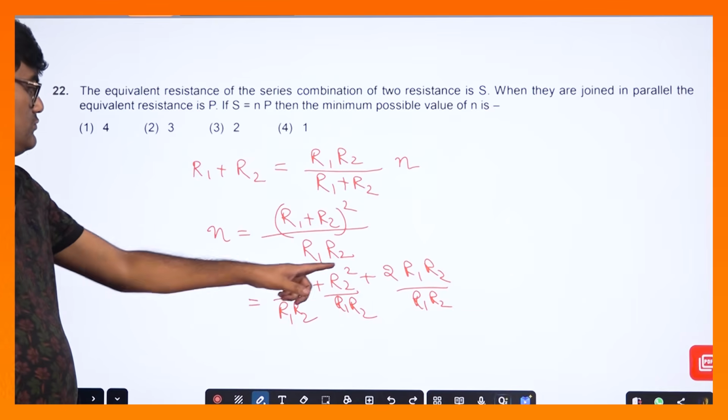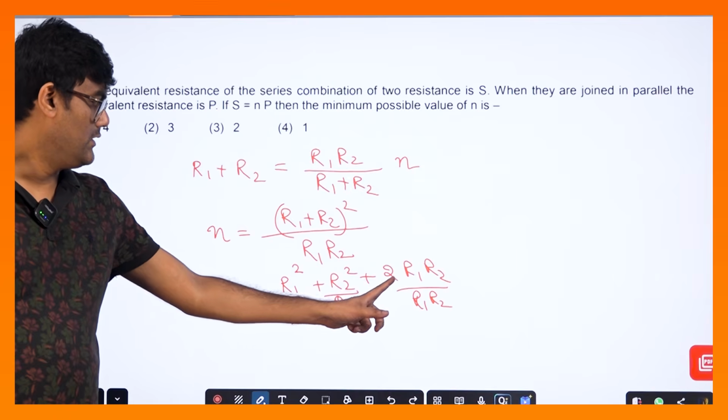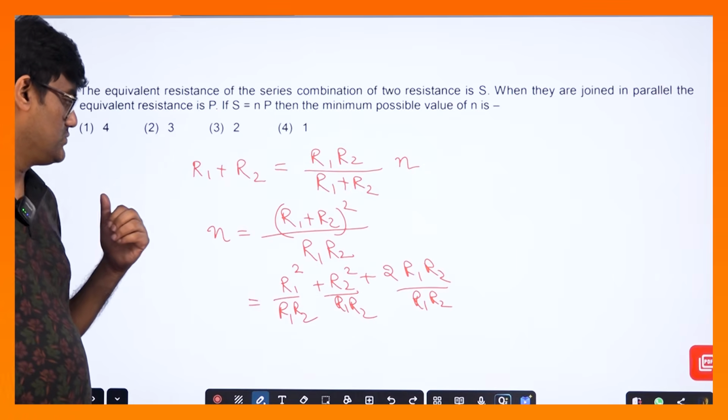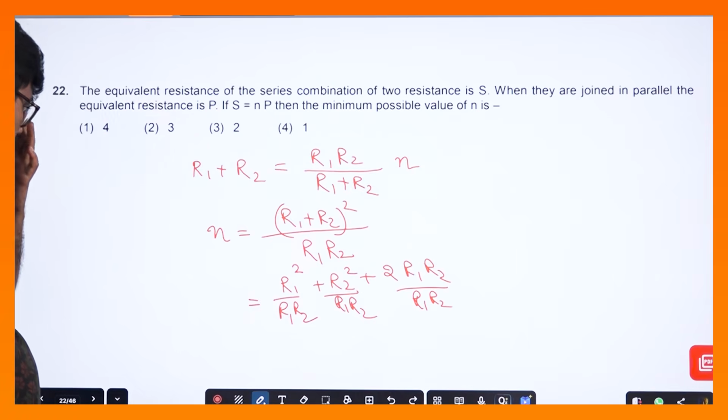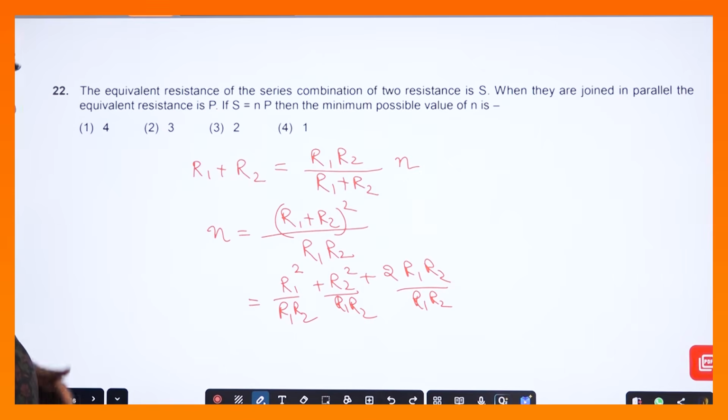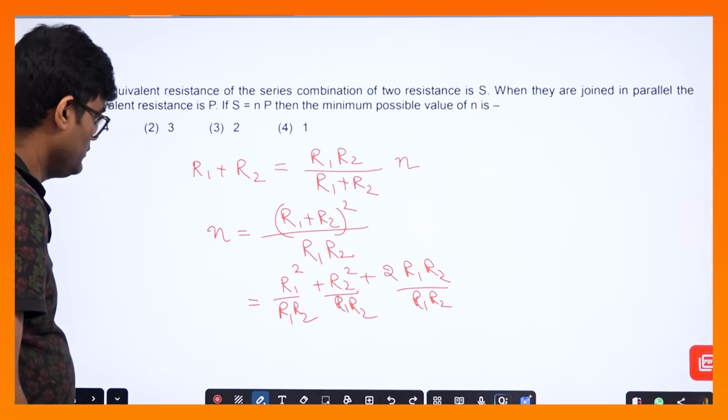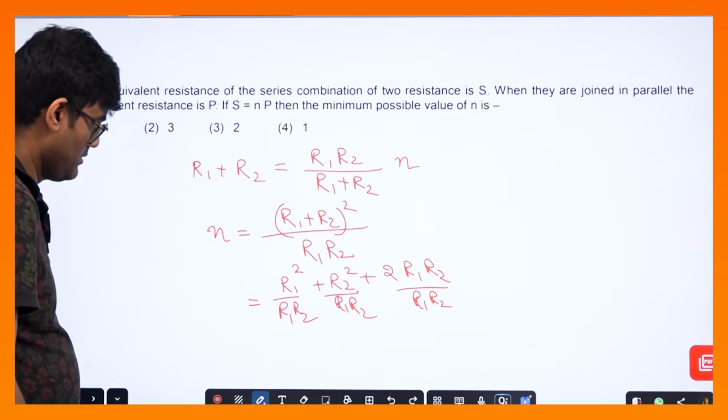If it is 2, minimum value for this to be two, this is R1 by R2, this is R2 by R1.